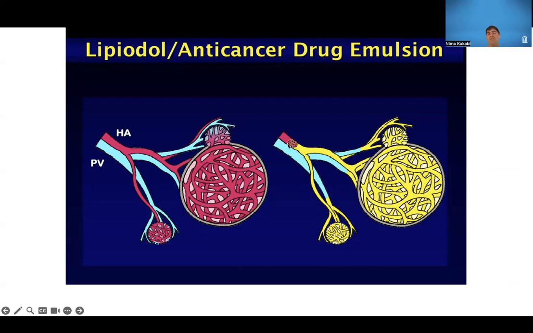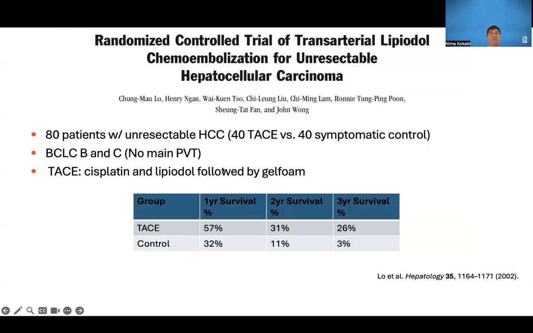Then you embolize the feeding artery with some gel foam or bland embo to make sure that these liquids are not washed away through the arterioles and the sinusoids into the venous side of things.